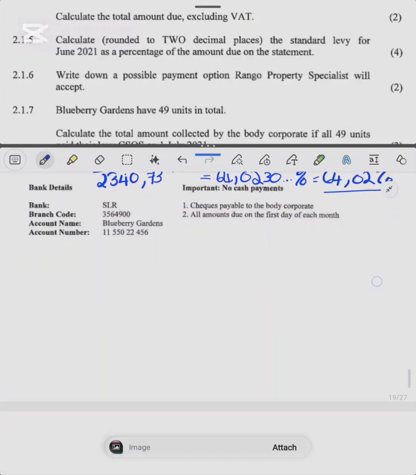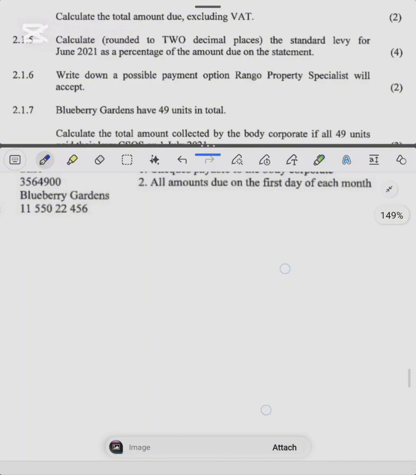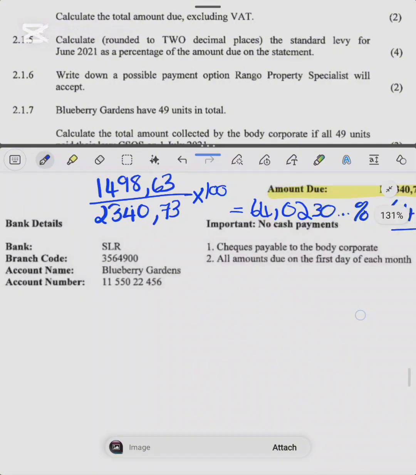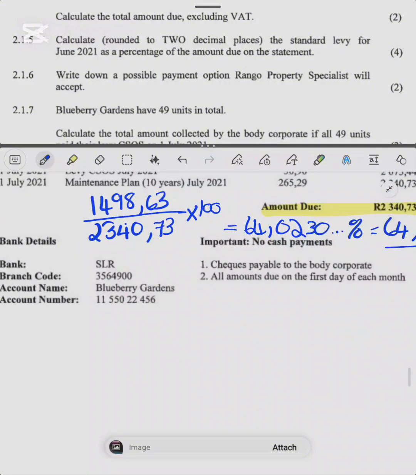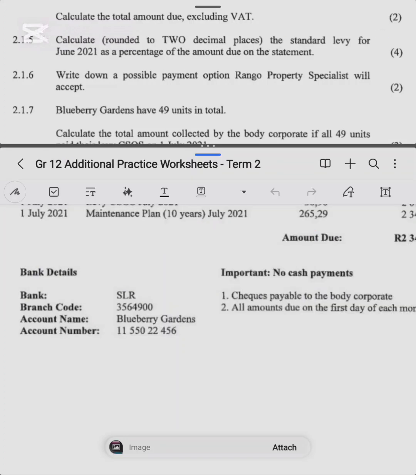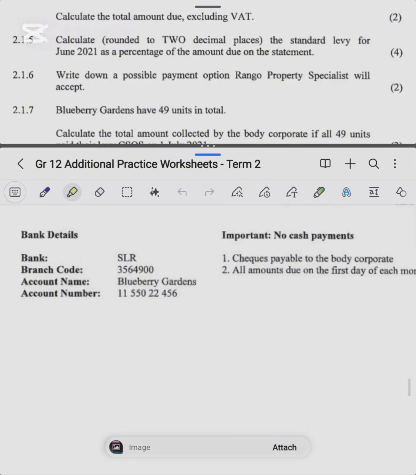In this case, if I look at the terms and conditions, we've got a few bits of information here. Let me just get rid of all this calculation from the last question. We can see that they do give us banking details, so that implies that we can make a bank payment.